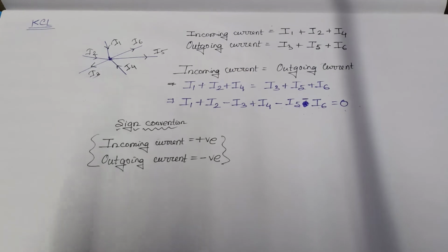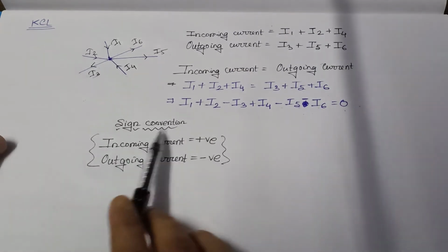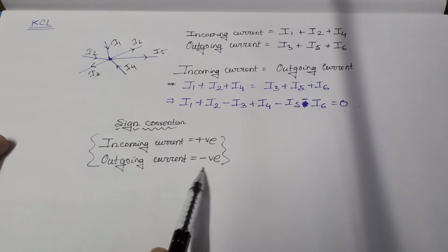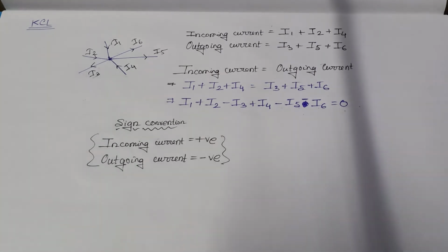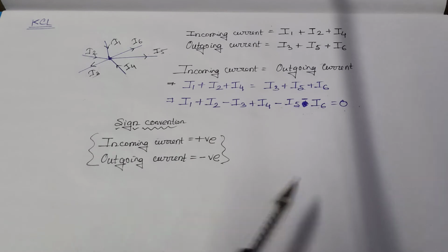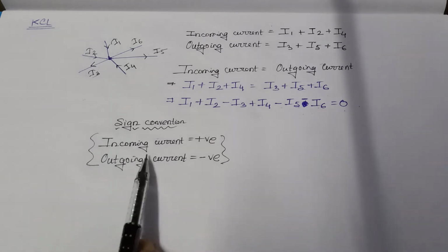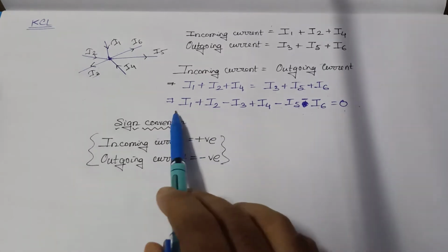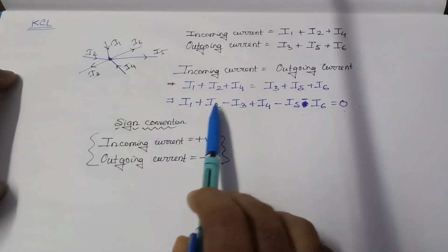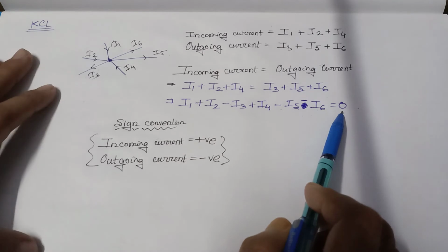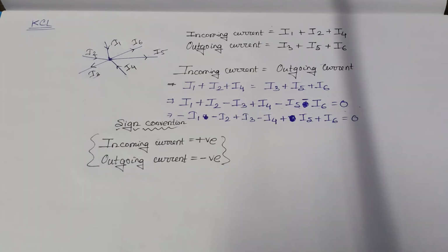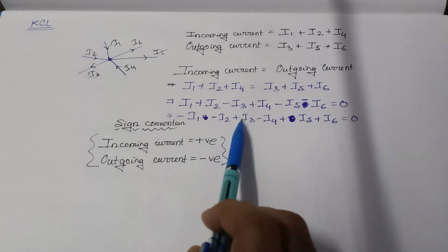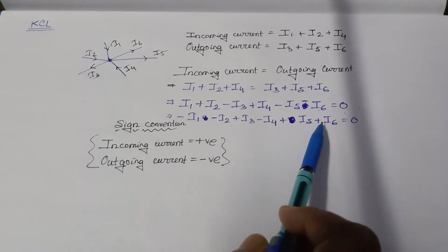So we can write the sign convention as incoming current positive and outgoing current negative. But let me tell you one thing, this is not a universal truth. Incoming current must not always be positive. In this equation, if you multiply the whole left hand side and right hand side by -1, the equation becomes minus I1 minus I2 plus I3 minus I4 plus I5 plus I6.